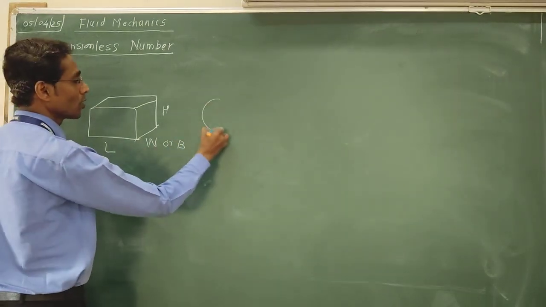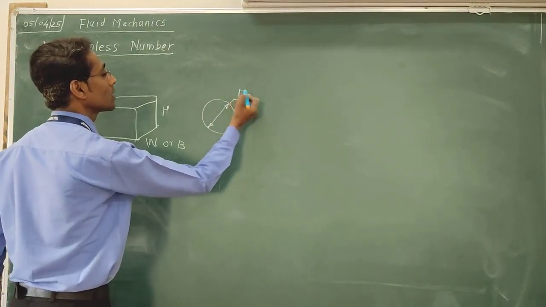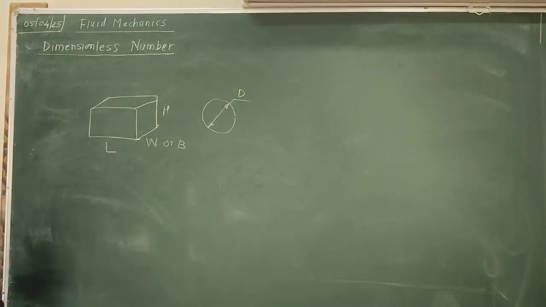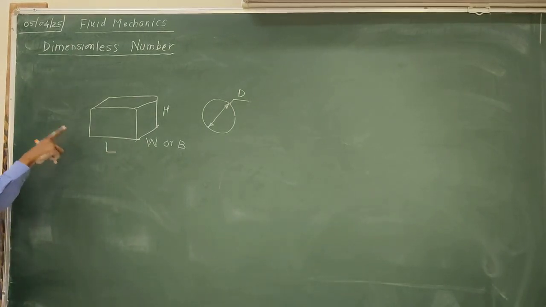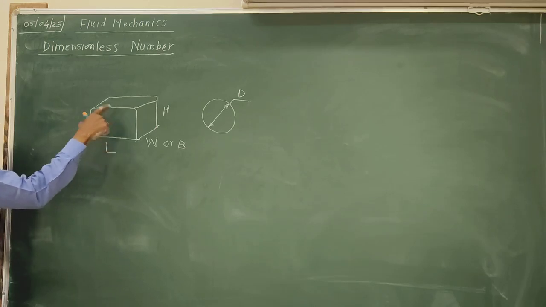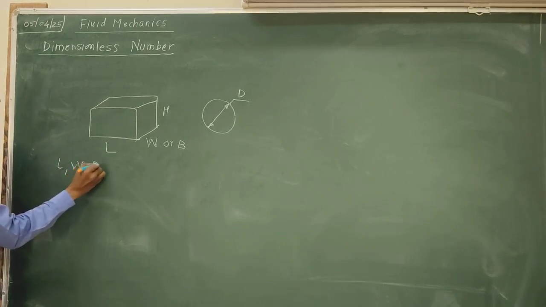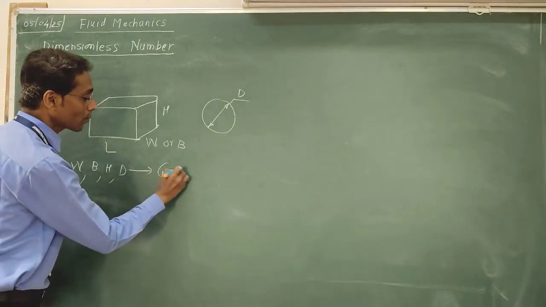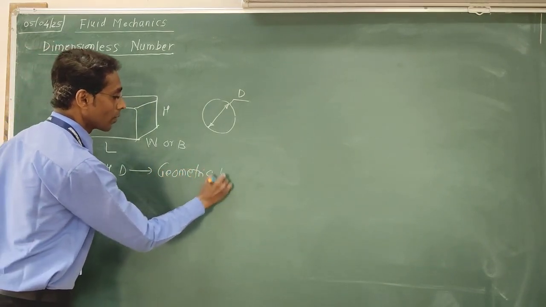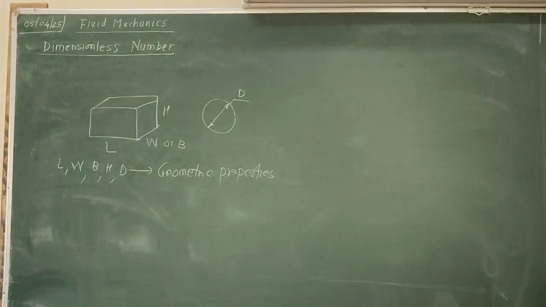If the object is of circular shape, then we have the dimension of this circle, the diameter. So the group of properties which give information about its dimension, its size, for example length, width, breadth, height, diameter, all come under the category of geometric properties.